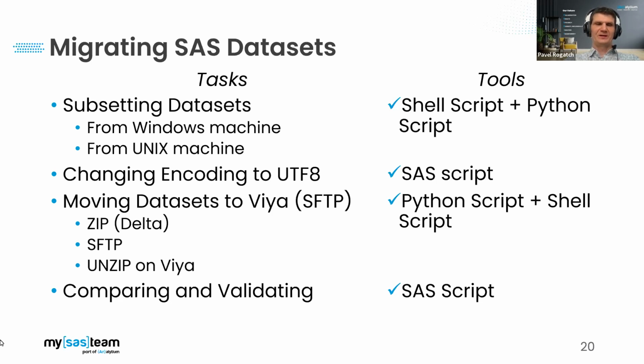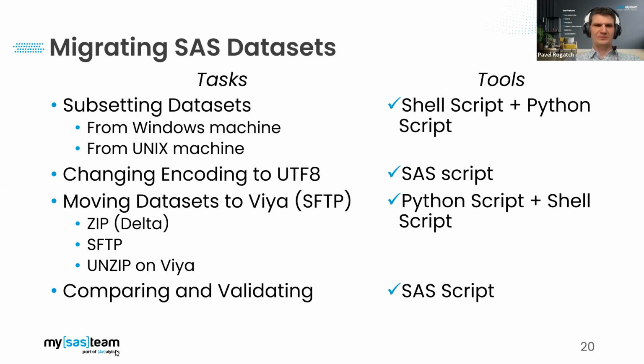For example, when characters are encoded as Latin 1, which was our case, the original datasets were Latin 1 encoded, and every character there is represented using 1 byte. And when these characters are transcoded to UTF-8, where some characters require 1, 2, or even 3 bytes, then truncation can occur if the character column is not wide enough.